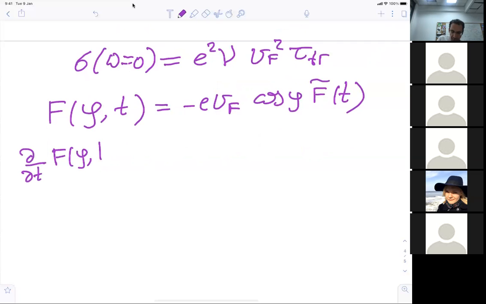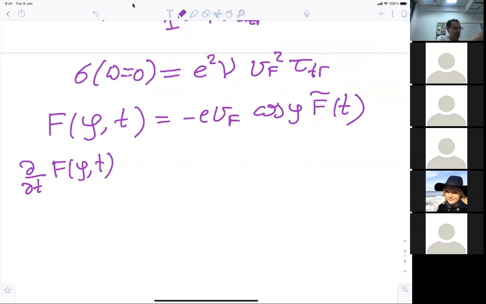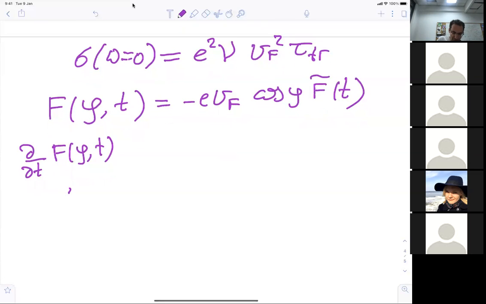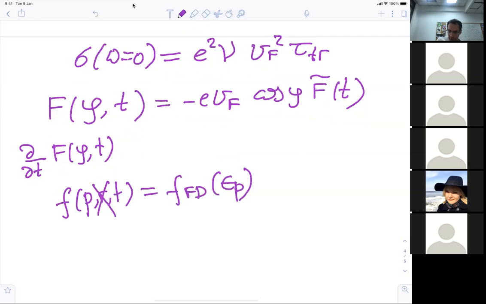What did you define as f? So f for me is always the parameterization of the distribution function. I'm saying my function f of p, r, and t, in this case there's no r dependence, is f Fermi-Dirac of epsilon p plus delta f of p and t.